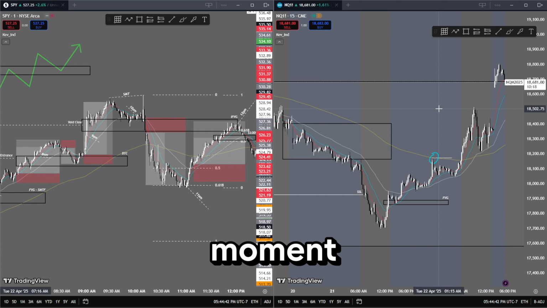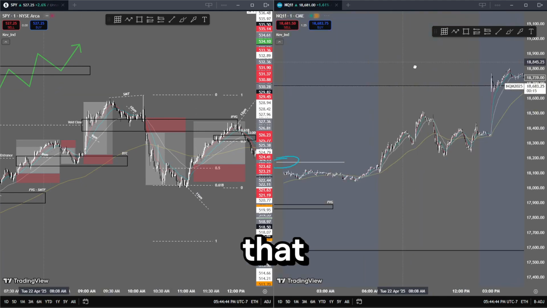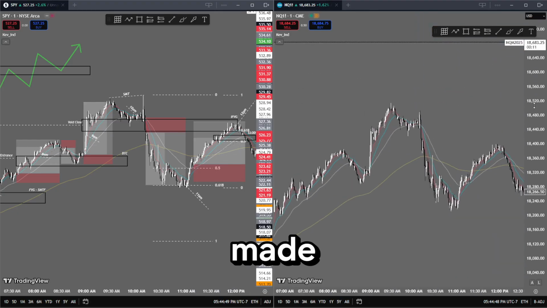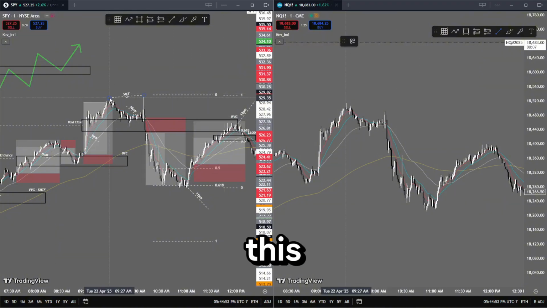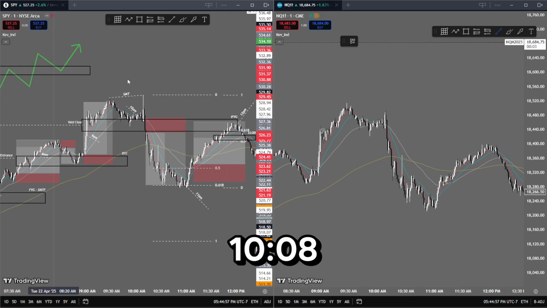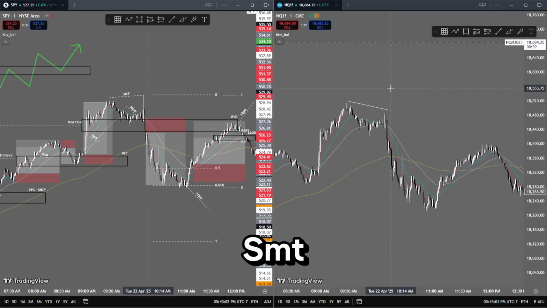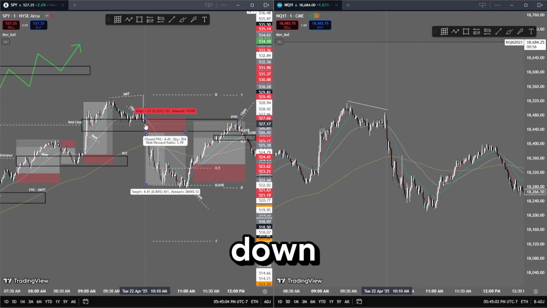This is a crucial moment that I want everyone to look at, is that we create our first major SMT divergence that made it so easy to catch these puts. Look at this. We have 927 versus 1008. Higher, lower SMT divergence. We end up dropping down with engulfing bearish candles.